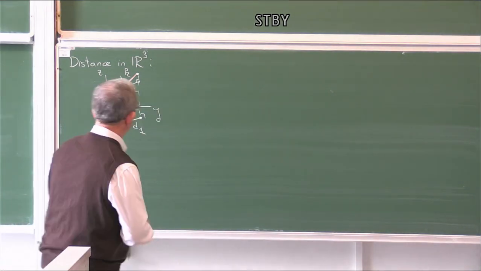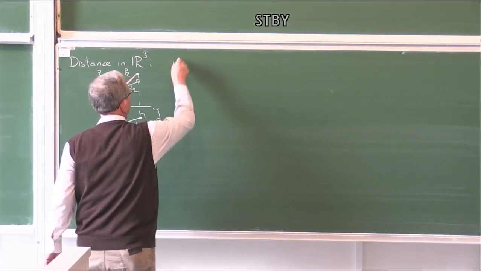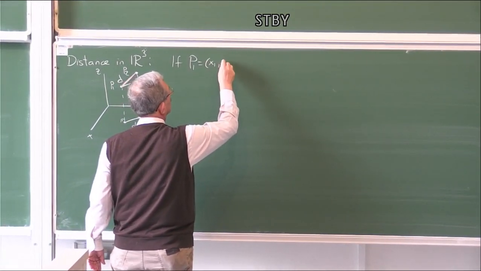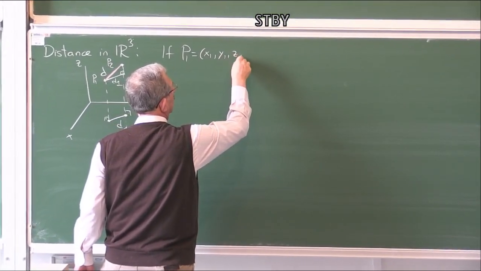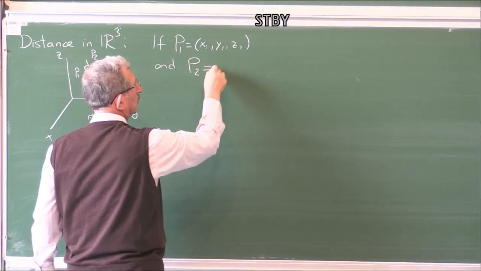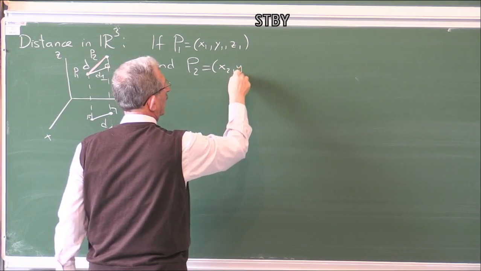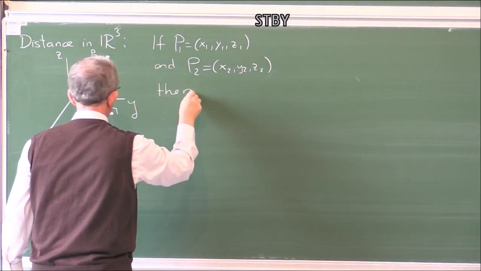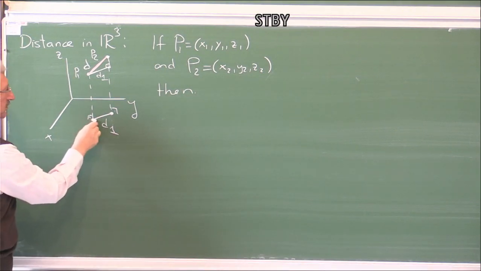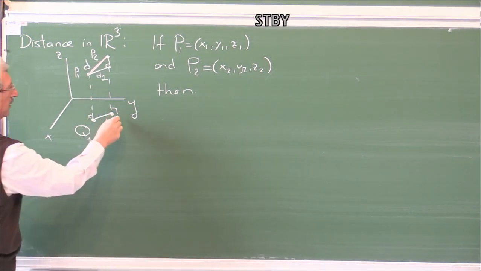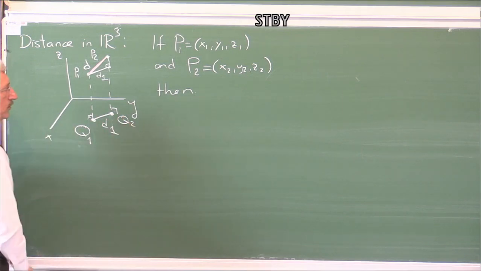We note that if P1 is x1, y1, z1, and P2 is x2, y2, z2, then let us consider these two points, say Q1 and Q2.